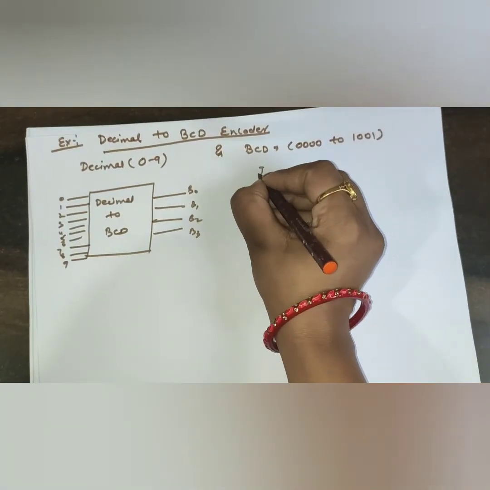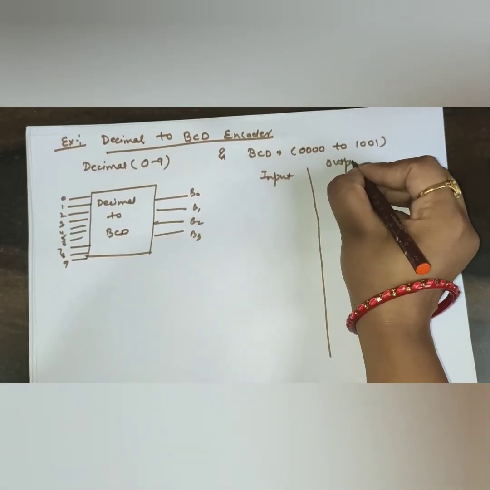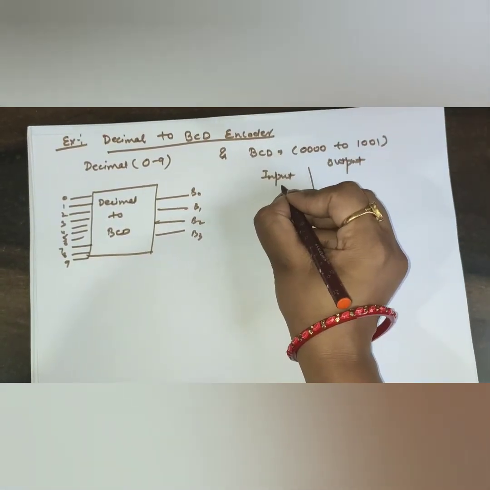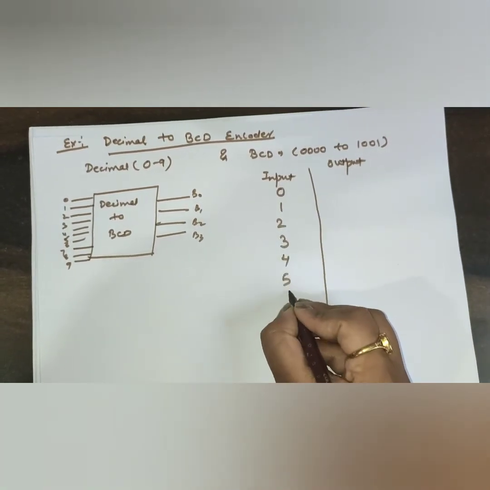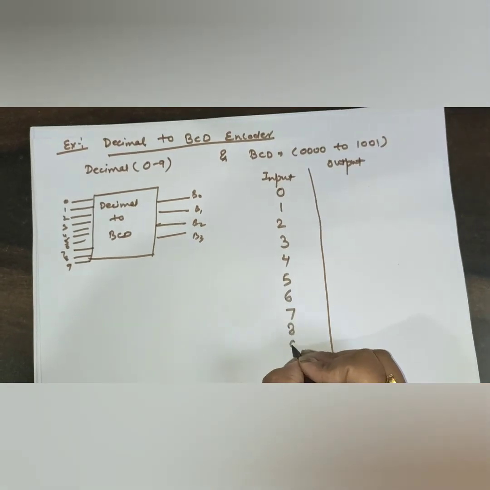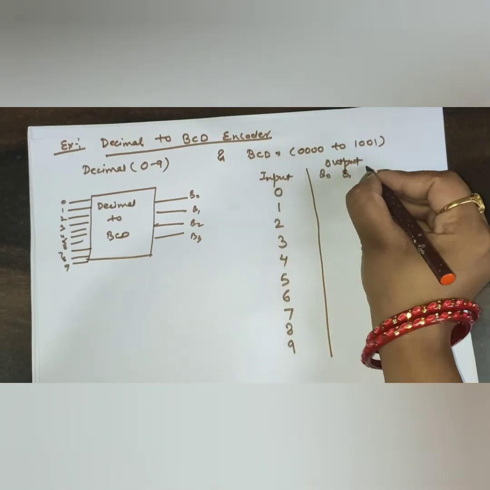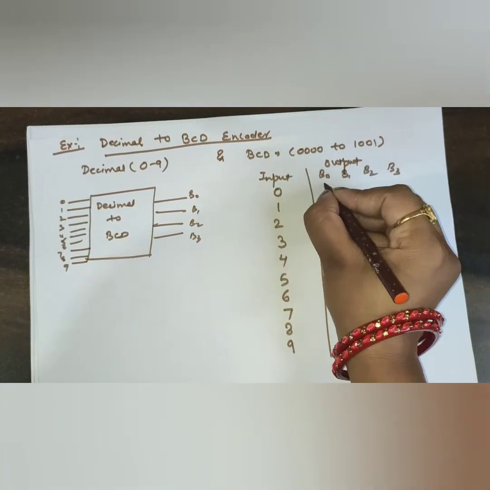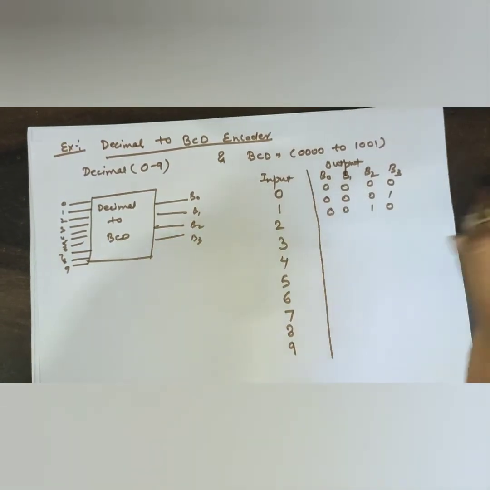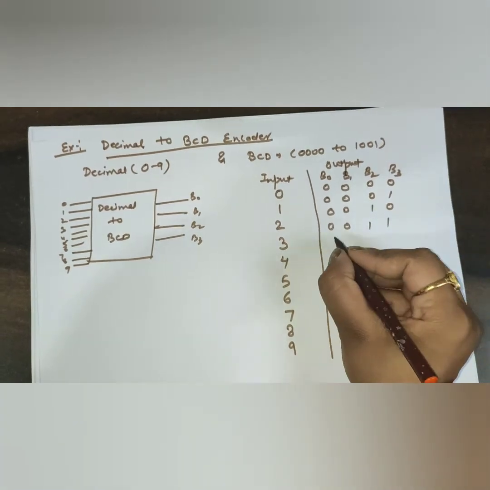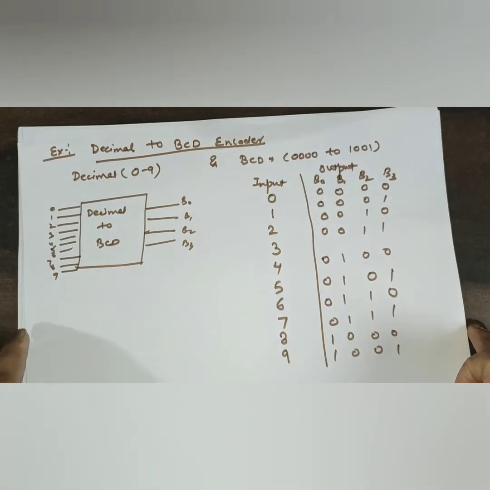So here we will make like input and output. Input will be decimal, that will be 0, 1, 2, 3, 4, 5, 6, 7, 8, 9. And equivalent output, BCD output will be B0, B1, B2 and B3. That will be 0 0 0 0, 0 0 0 1, 0 0 1 0, 0 0 1 1. So it is a BCD equivalent of a decimal.